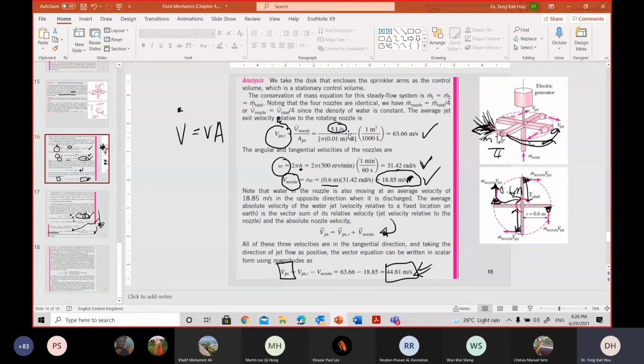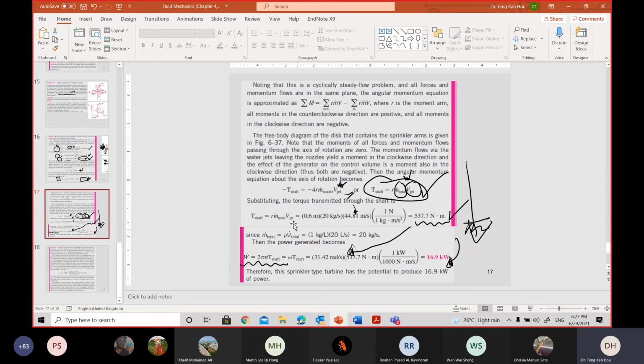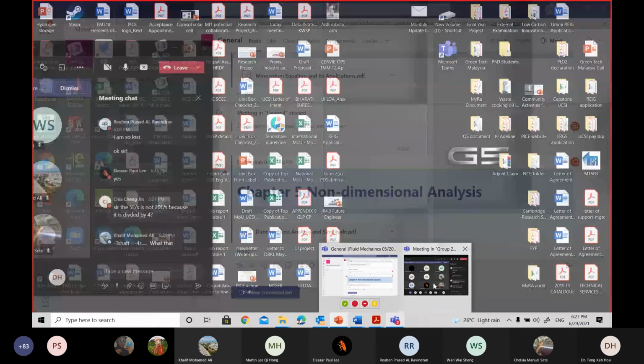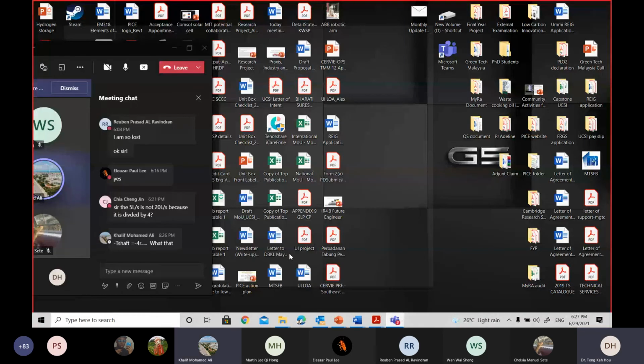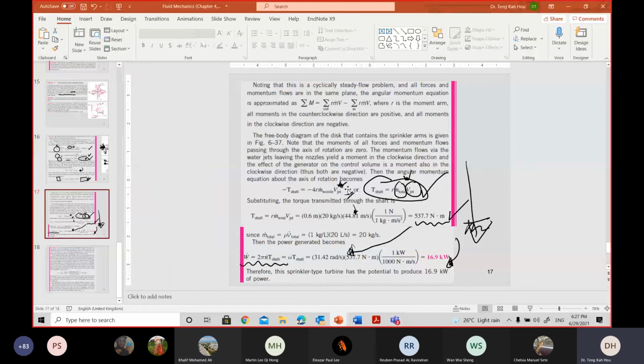Okay, because this one is already the nozzle part. It's already divided, so please take care of that. And sorry, T shaft equal to 4R. You mean for this part? Yes, sir. Yep. No, this formula is not shown to you.